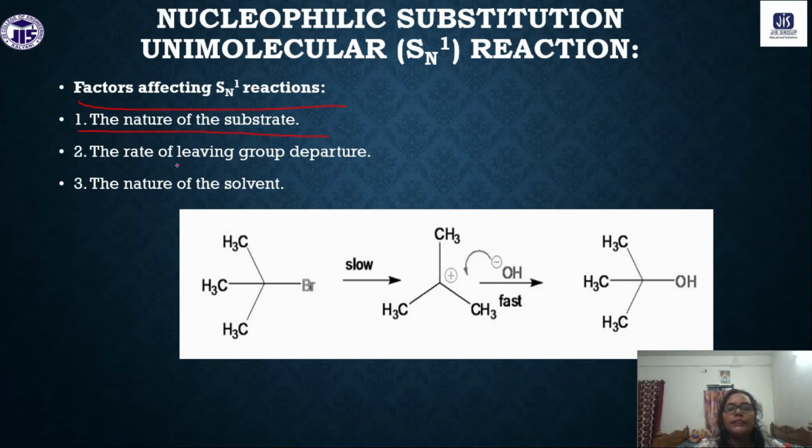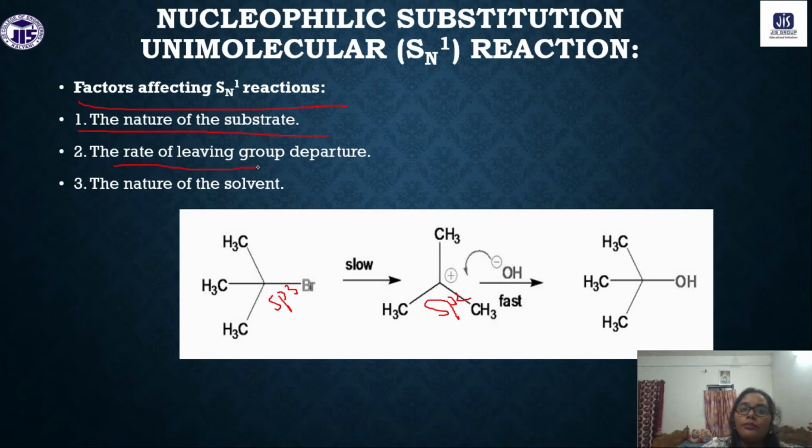This substrate is sp3 hybridized, and the carbocation is sp2 hybridized, so the bond angle will increase, and that's why the bulkier substrate always prefers the SN1 substitution reaction.